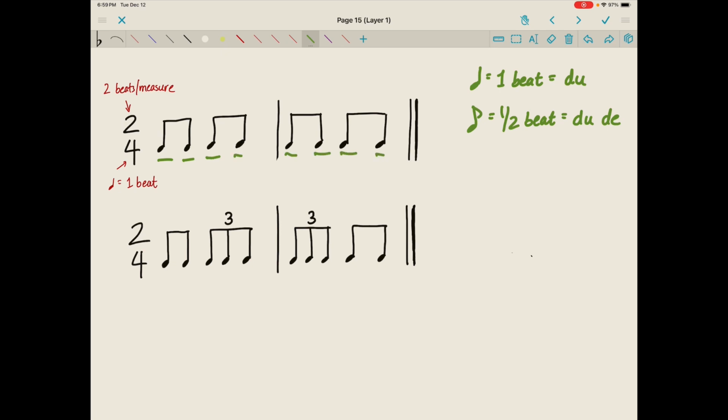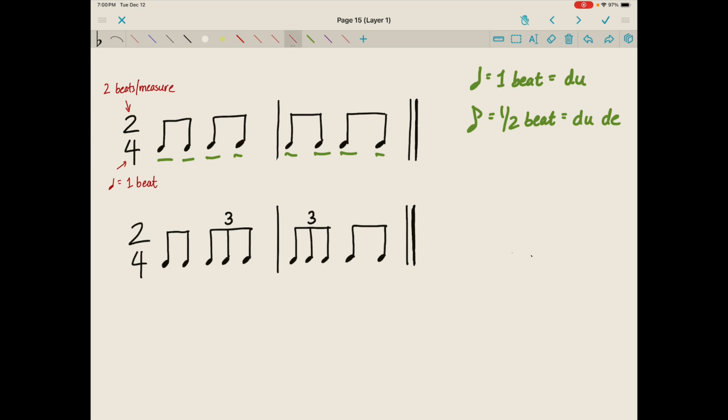Now look at the example just below that. Note these groups where we have 3 eighth notes beamed together with this little 3 scripted above them. This is how a composer will indicate a triplet within any piece written in simple meter.